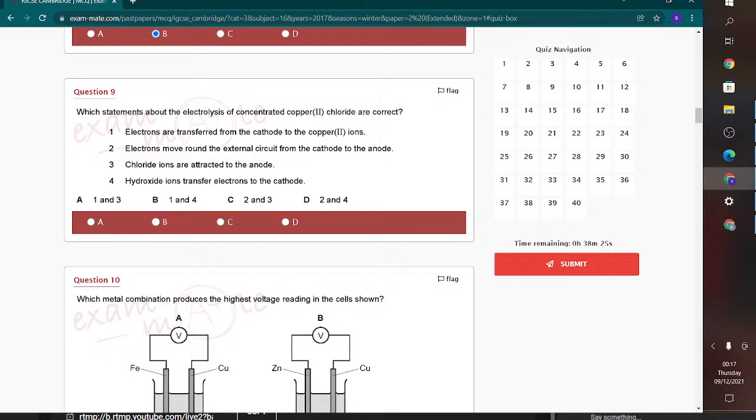Electrons are transferred from the cathode to the copper ions. Right: Cu2+ plus 2e minus gives you Cu. So 1 and 3 are correct. It's basically because copper is less reactive than hydrogen, therefore it goes towards the cathode, and the cathode has a supply of electrons, which are being lost by chloride ions.